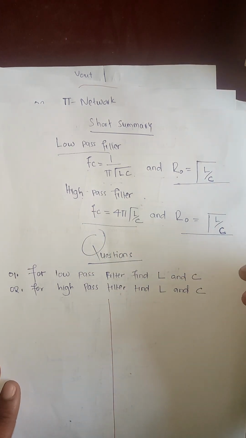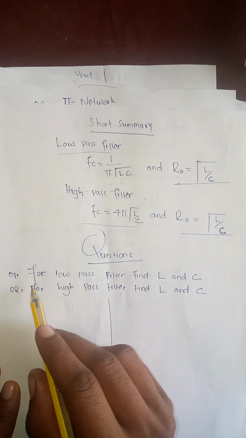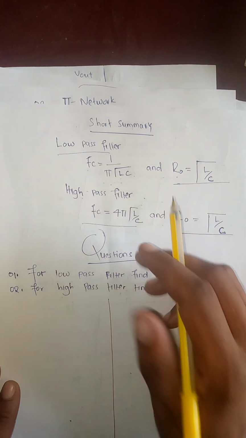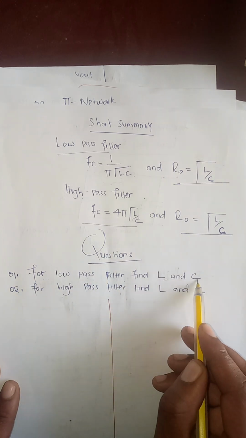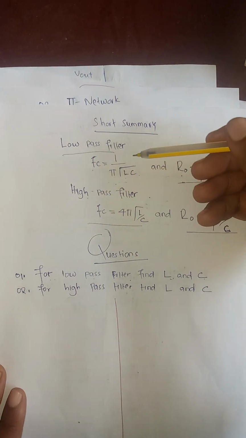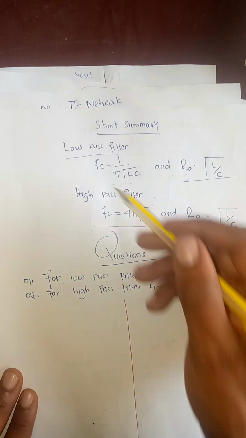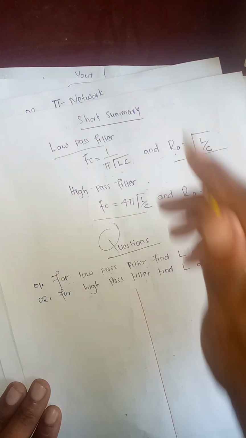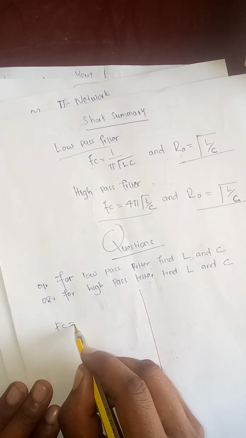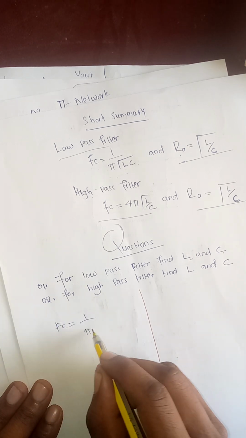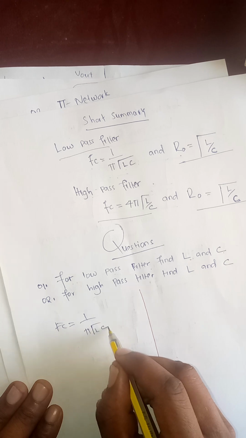Now you can be asked to find, these are sample questions. For the low pass filter, find the value of L and C. You just substitute into the formula. For example, I can show here. We have FC, cutoff frequency, is equal to 1 over pi square root of LC.